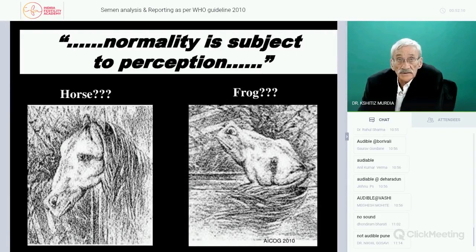If you were told in the beginning of your career this was a horse, and now you have read the WHO manual and find out that this horse is actually a frog, by just changing your perception, the horse becomes a frog. And so that's the whole idea of teaching morphology and understanding morphology. You can change your perception of what a normal sperm should look like.